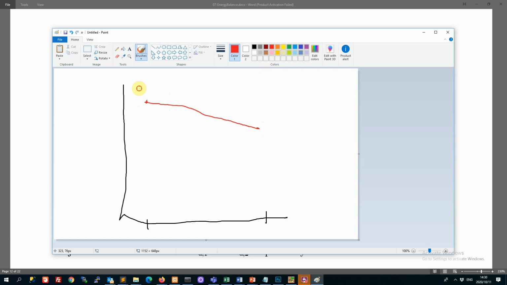Let's say this was 400 degrees here. 400, drawing with the mouse is not so easy. 400 and 300 here. 300, and then you've got your reactor, which came in at 100 and left at 150.